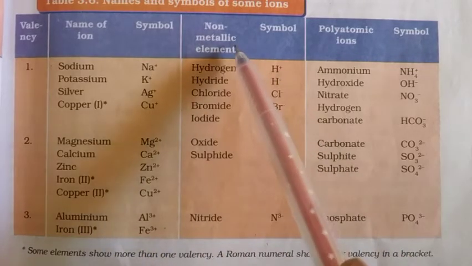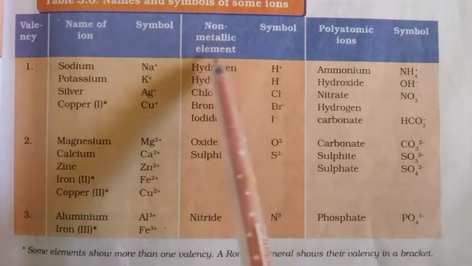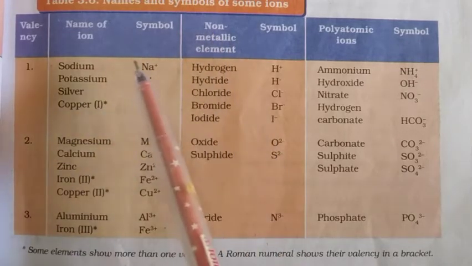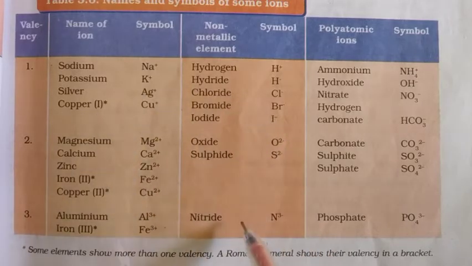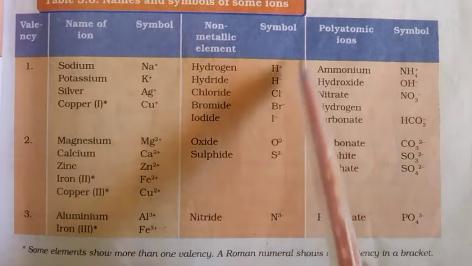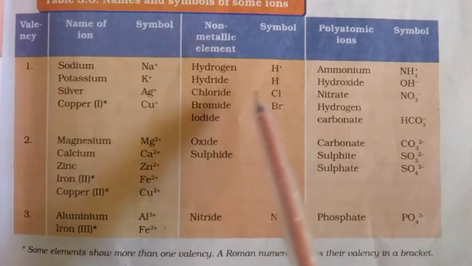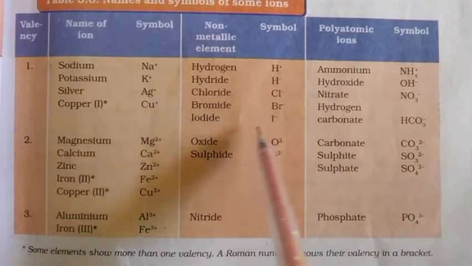Now come to the second column, non-metallic elements. As the first column elements are metals, the second column shows non-metals and their symbols. Hydrogen, chloride, bromine, iodide.